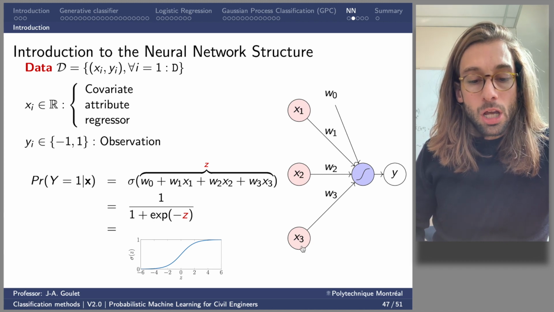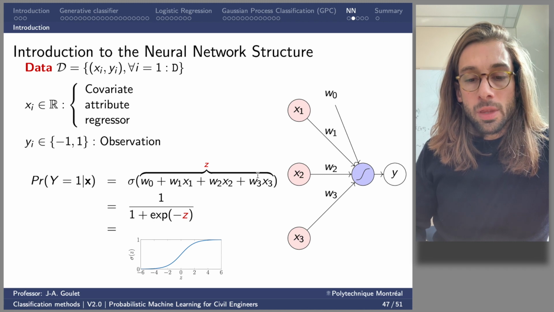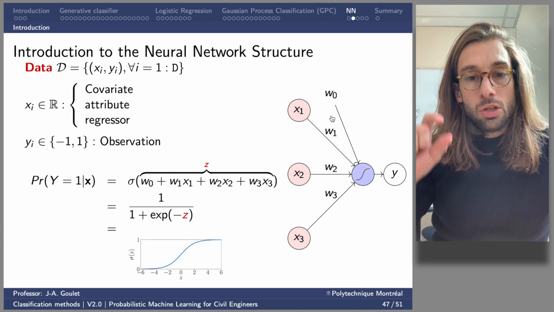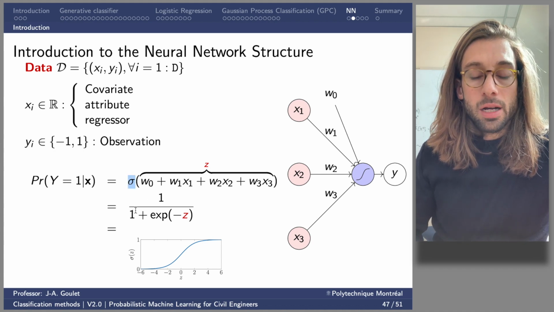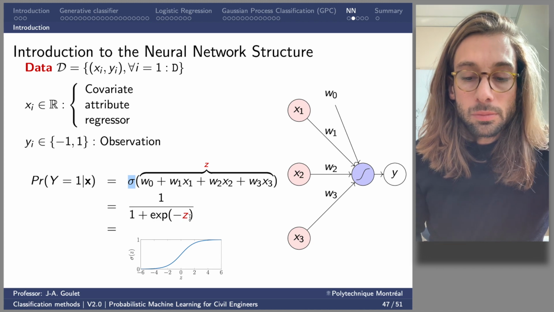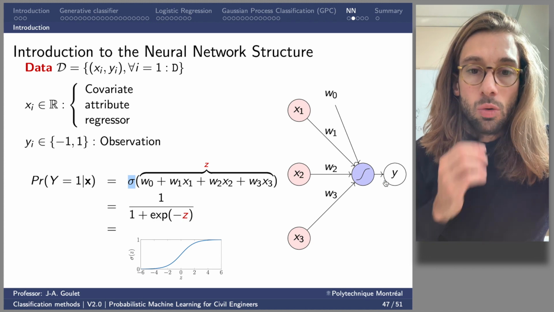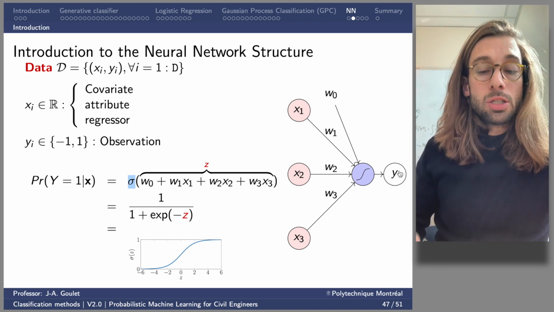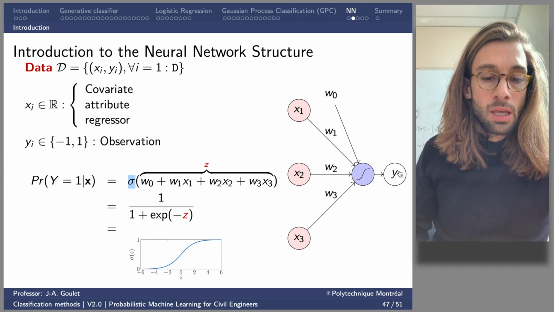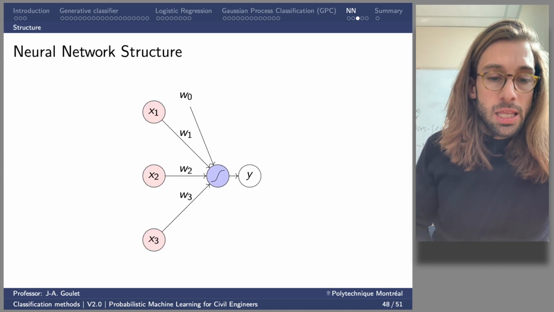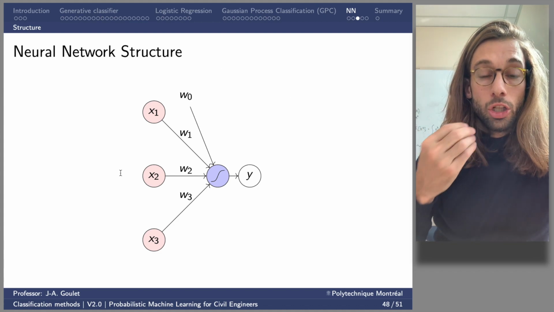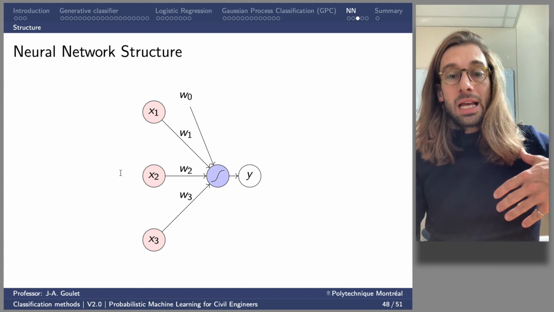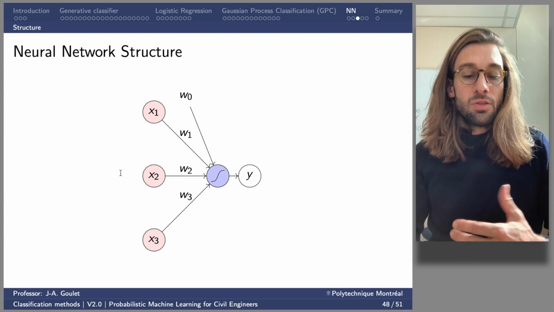And the output of this polynomial term is going to be squashed into the interval 0, 1 by this logistic function, 1 divided by 1 plus exponential of minus z. And this is going to be my observation Y of class, which can be either +1 or -1. So this is not necessarily a neural net, right now it's more of a logistic regression. How do we extend this in the context of a neural network?